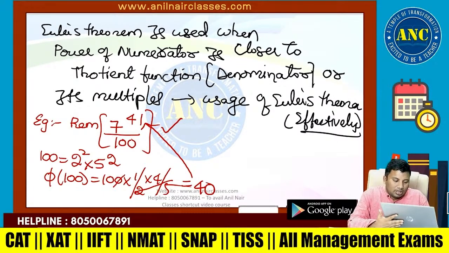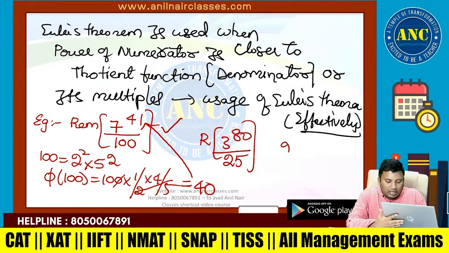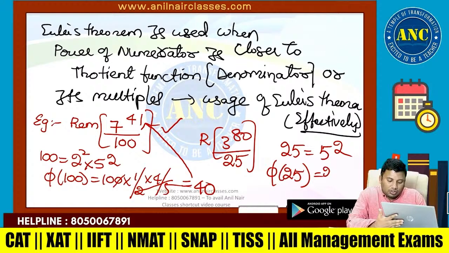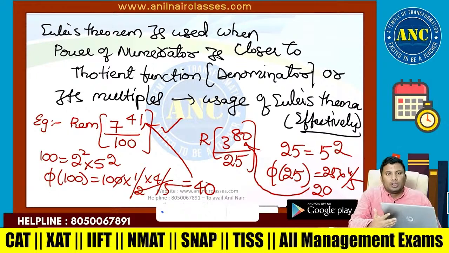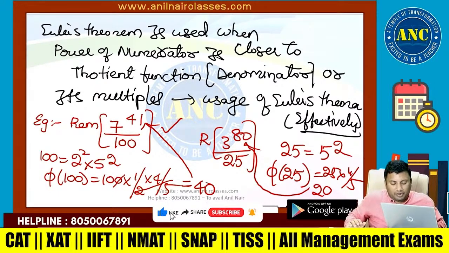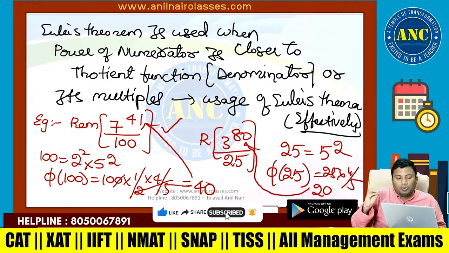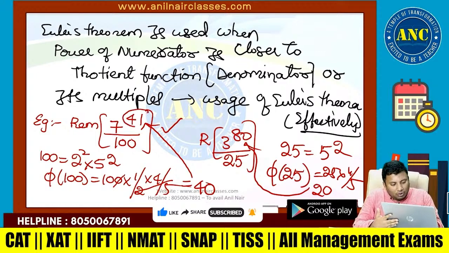Euler's theorem. Suppose it is 3 power 80 by 25. 25 is 5 square. Quotient function of 25 is 25 into 4 by 5, which is 20. 80 is closer to the multiple of 20.